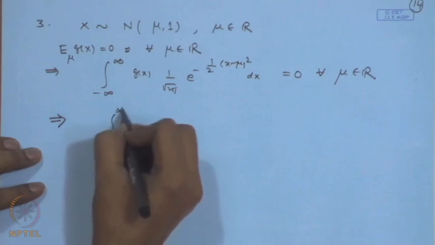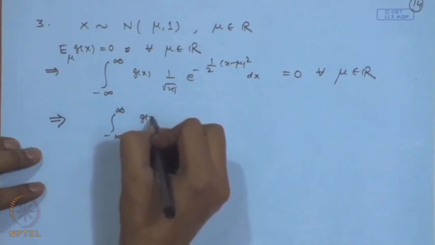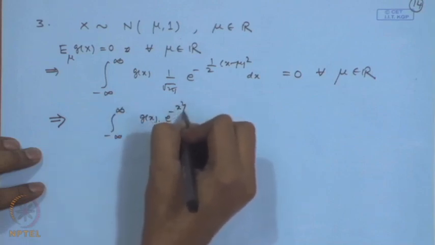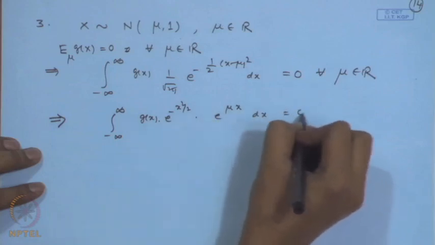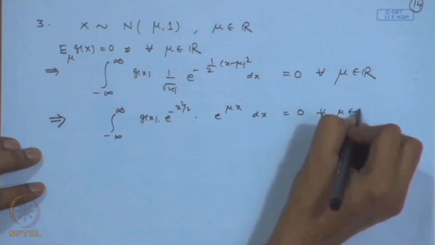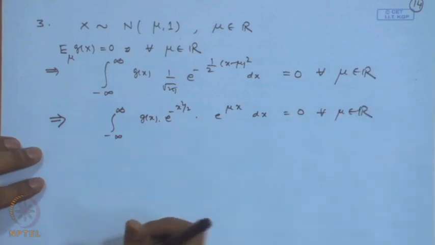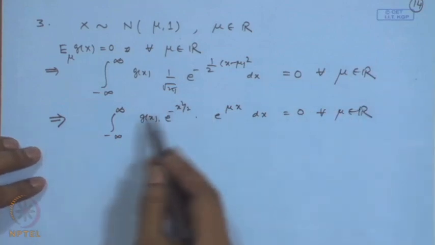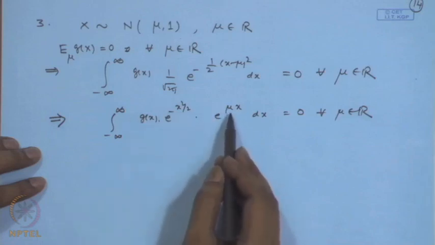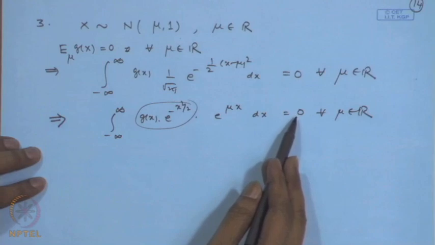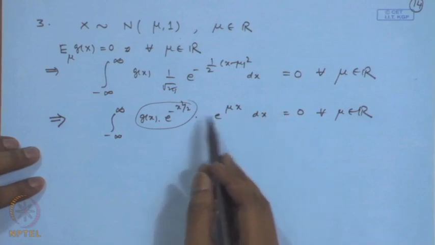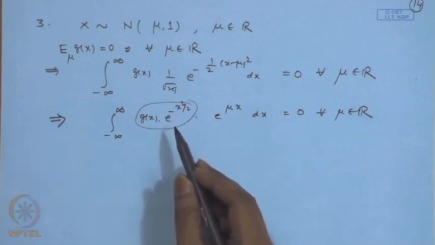This we may write as the integral of g(x) e^(-x^2/2) e^(mu x) dx is equal to 0 for all mu belonging to R. Now, this is nothing but the bilateral Laplace transform of this function, and we are saying this vanishes identically, and therefore, the function itself should vanish.